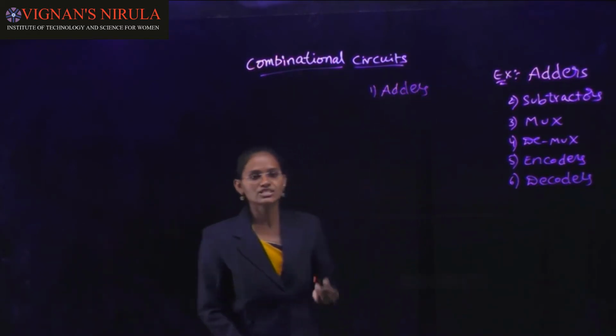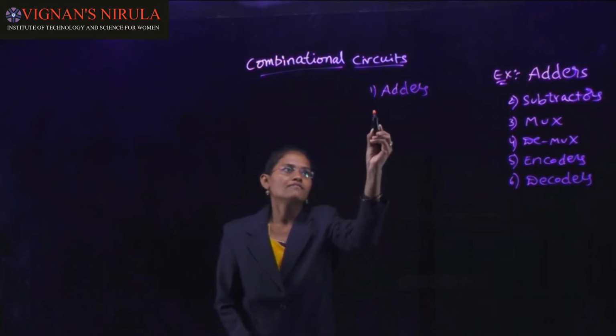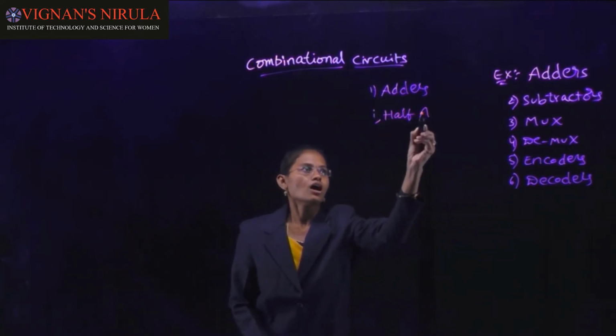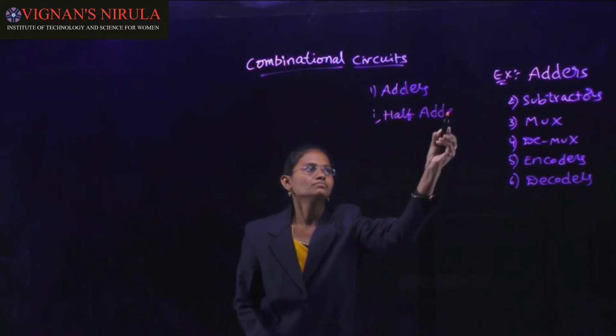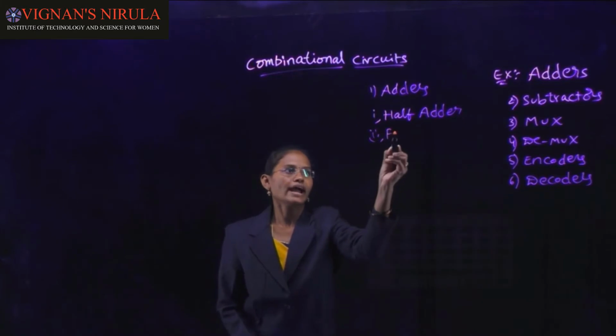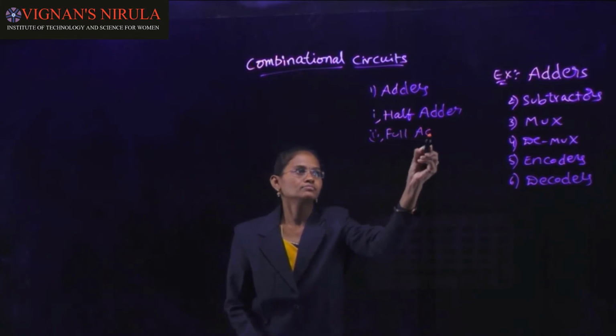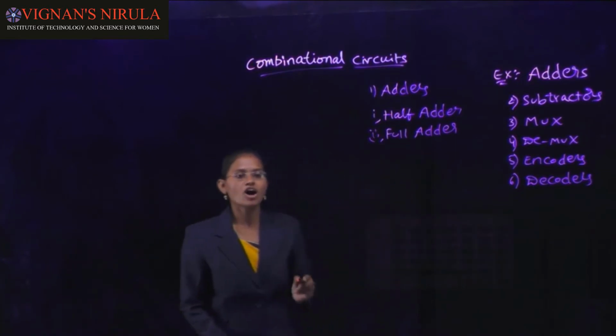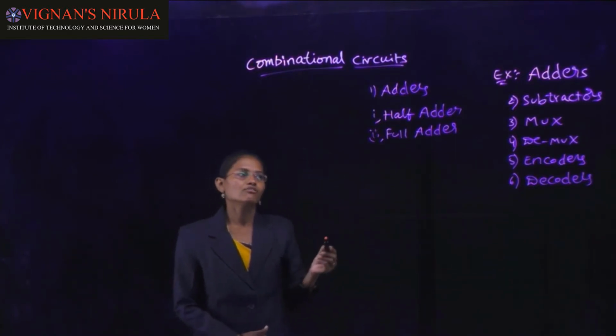Adders are classified into two types. The first one is the half adder and the second one is the full adder.